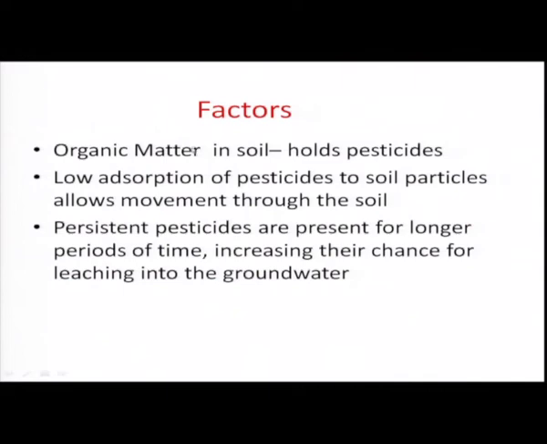If organic matter is more, the pesticide usually has a tendency to be retained, because all these pesticides are also organic in nature. So, like attracts like, and it is all retained there. And low absorption of pesticide to soil particles allows movement through the soil. Persistent pesticides are present for longer periods of time, increasing the chance of leaching into the groundwater. So, all these factors contribute to pesticide movement.